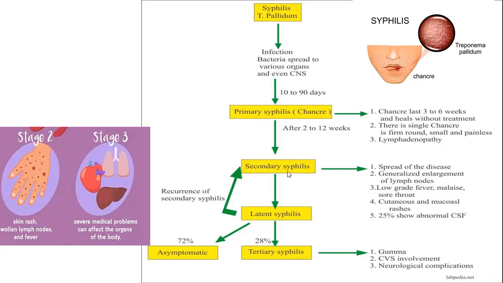Then usually latent syphilis occurs. Latent syphilis is like remission. It follows secondary syphilis with its manifestations and bacteremia, then latent syphilis with no symptoms, when bacteria are in the organs.